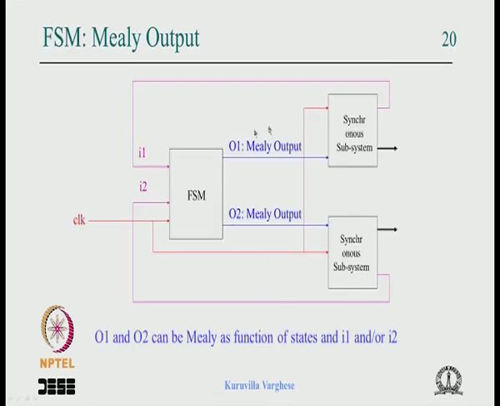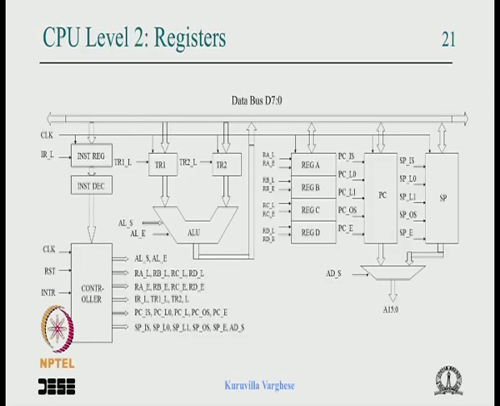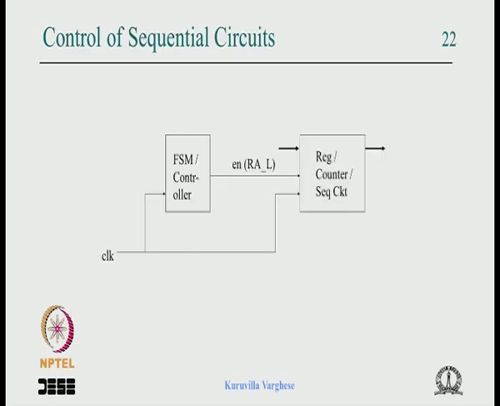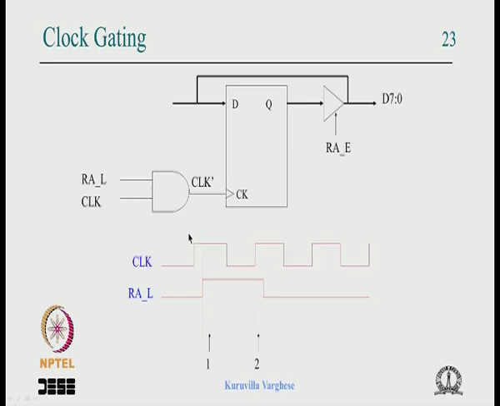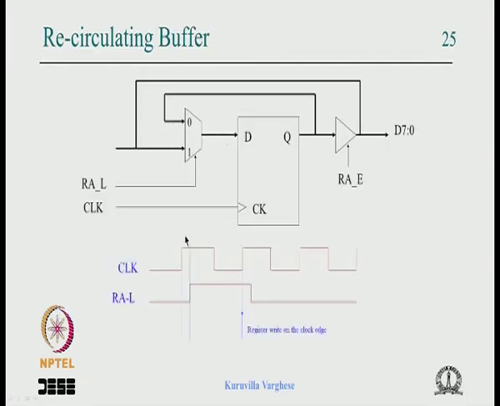So it works neatly with synchronous input; you can straight away go for Mealy output if it permits. And we have seen the control signal, and especially in the case of a register, clock gating has a timing issue because there are 2 pulses, and the solution is to go for a recirculating buffer.